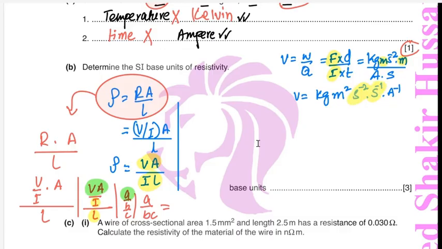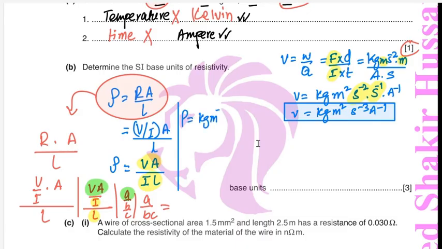S minus 1 and s power minus 2 will become kg m power 2, s power minus 3, A power minus 1. So this is the base unit for potential difference, right?